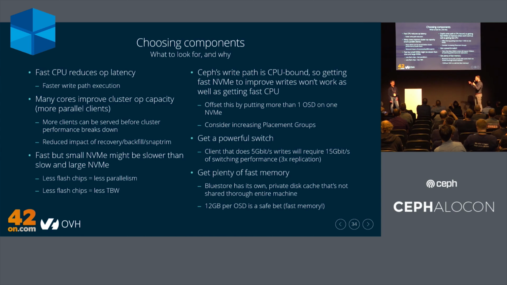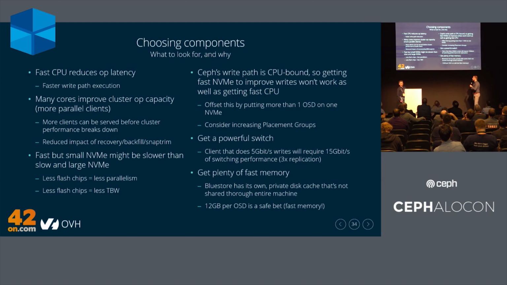Then again, it might be better to go for bigger NVMes because you'll get more chips and they'll be faster than smaller NVMes. But don't go with too big NVMes, because otherwise you have just this big lump of storage behind an OSD or behind the CPU, and you're going to be CPU bound for the performance. So again, there's a trade-off there. I think the sweet spot right now is about a 4 terabyte SSD behind an OSD.